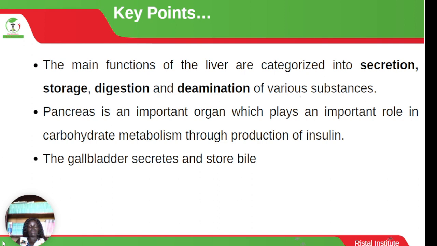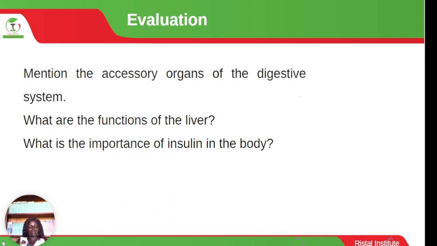The main functions of the liver are categorized into secretion, storage, digestion, and the elimination of various substances. The pancreas is an important organ which plays an important role in carbohydrate metabolism through production of insulin. So the gallbladder secretes and stores the bile.